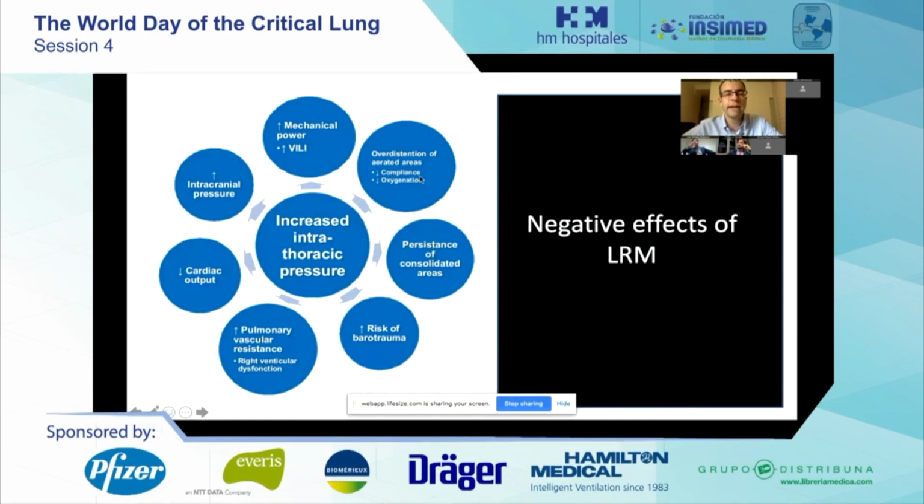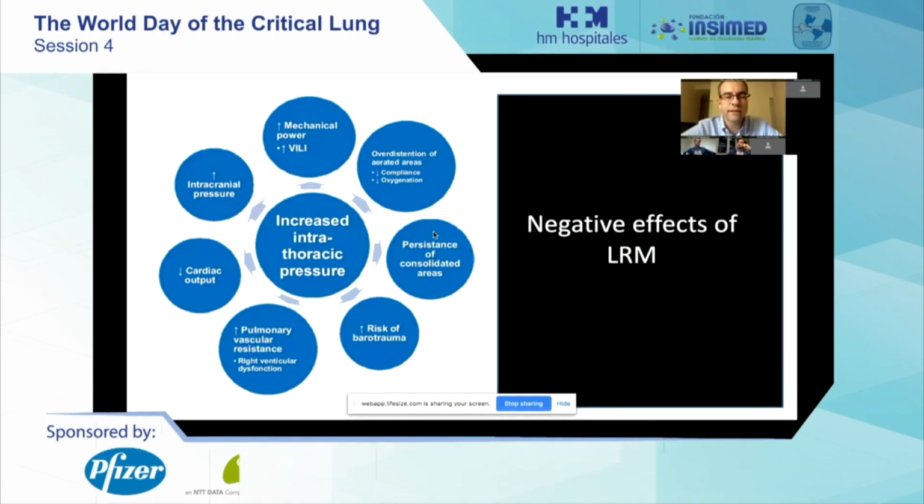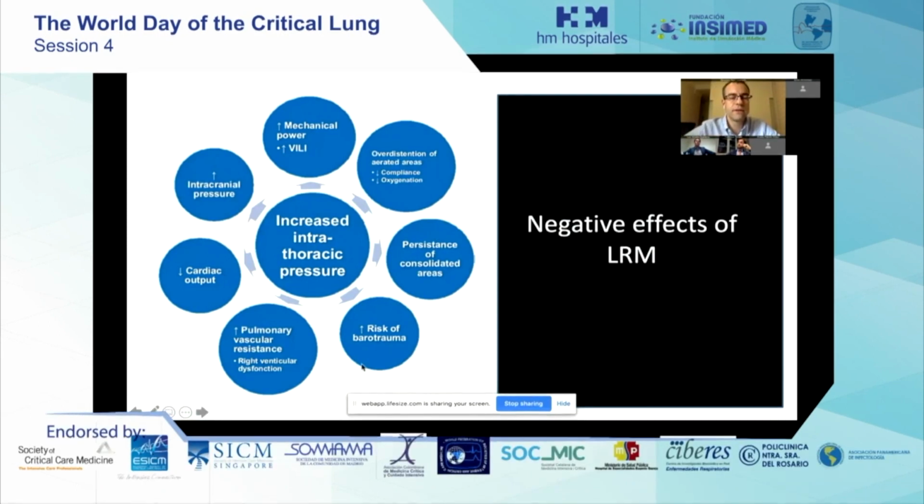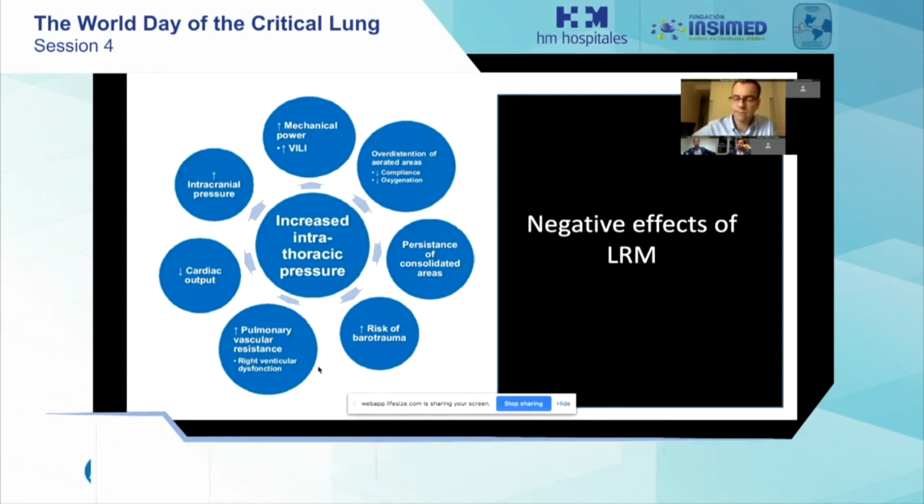We may overdistend the aerated areas. If we don't recruit consolidated areas, this problem may be even higher. There is the risk of barotrauma and also hemodynamic consequences of the recruitment maneuver, for example, increased pulmonary vascular resistance and decreased cardiac output.